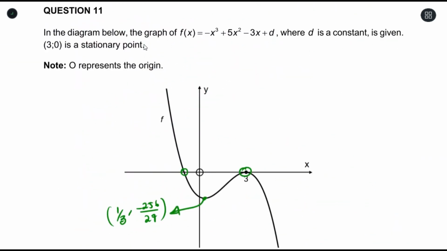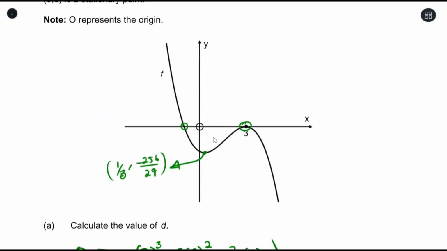If you shift your graph downwards a couple of units, you will notice that you would only have one x-intercept, and the only x-intercept you would have would be over here. This other x-intercept would be below the x-axis line.